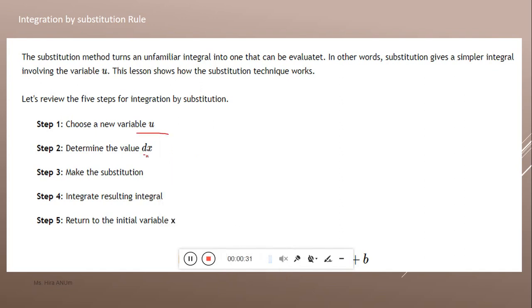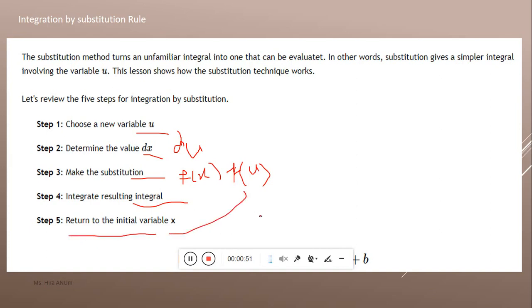So dx changes into du, and we make the substitution in the function so f of x becomes f of u. Then integrate the function and change it from u back into x.